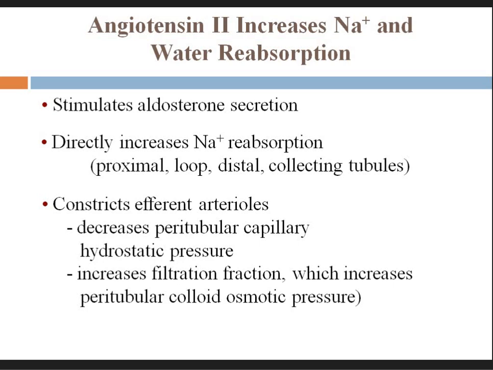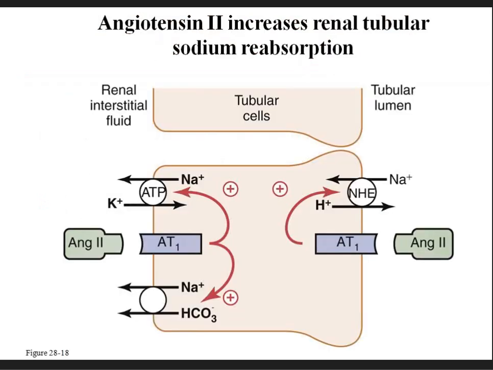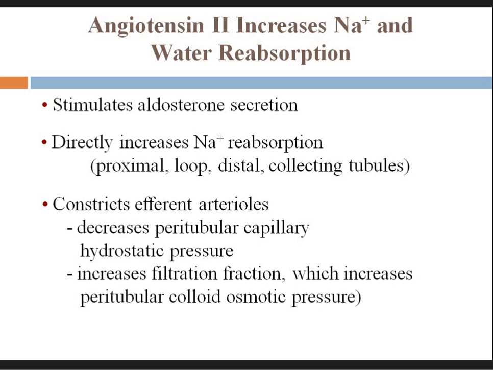There will be increased filtration fraction, and I hope you remember what is filtration fraction. It is GFR upon the renal plasma flow. That is going to increase, and this increases peritubular colloid osmotic pressure. So these are the mechanisms by which angiotensin is producing its effect and thus increasing the sodium and water reabsorption.